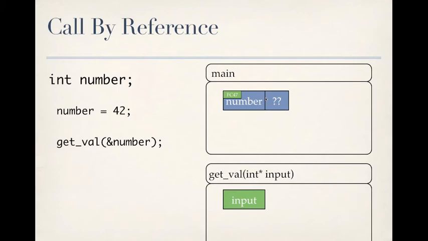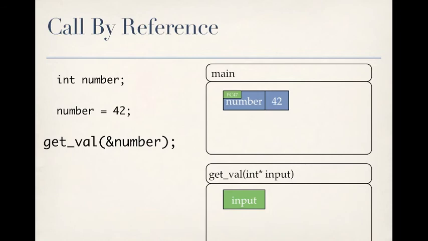Good. Now we assign a value to number. This is the same as before, and now we have the function call. And the following thing happens.